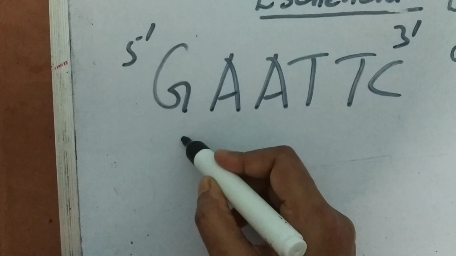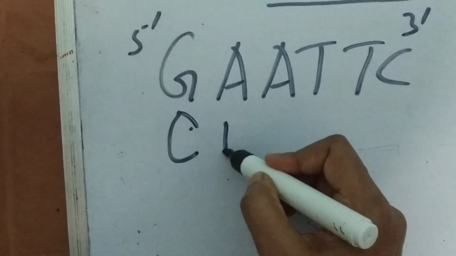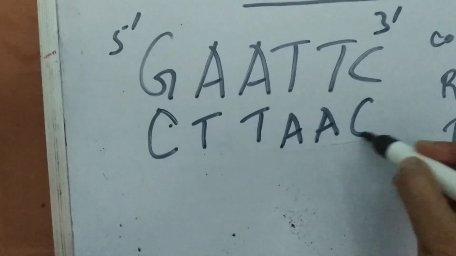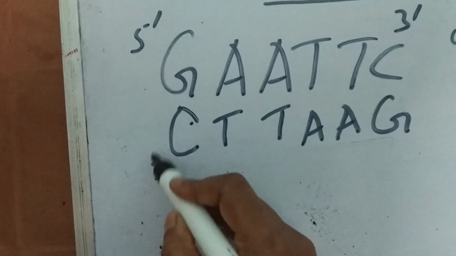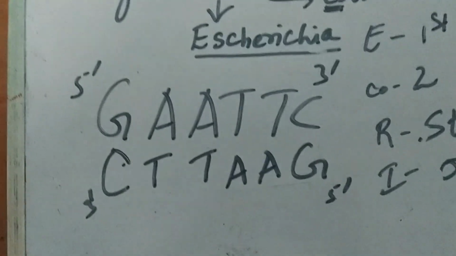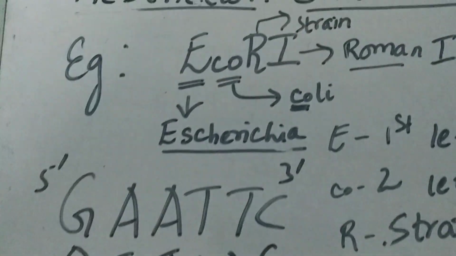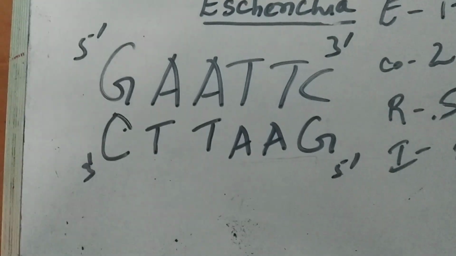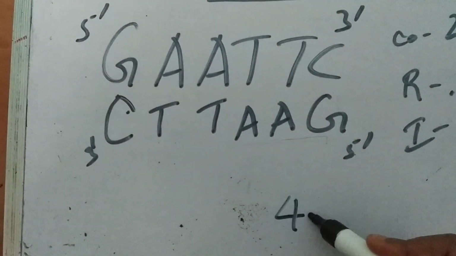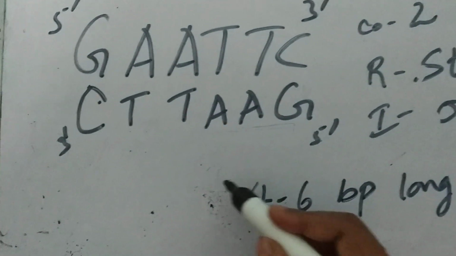So if I write the complementary sequence from here, it goes as CTTAAG, 3' to 5'. Alright, now this is the DNA sequence which EcoR1 recognizes. Now if you look at this, the sequence is about 4 to 6 base pairs long. Sometimes it's also 7 base pairs long.